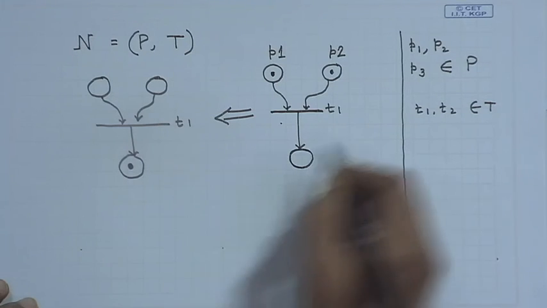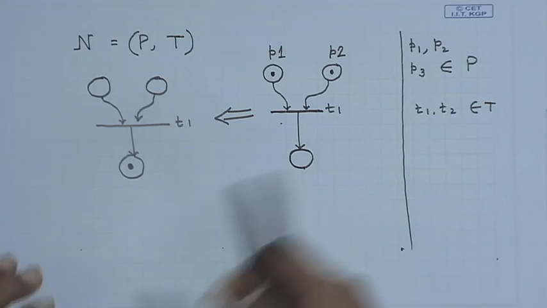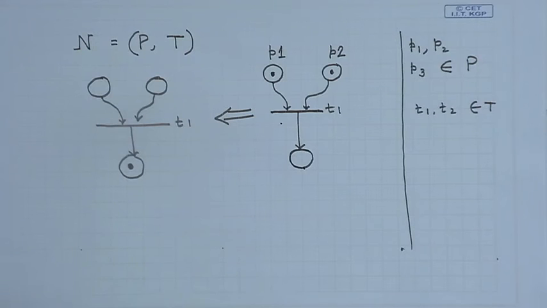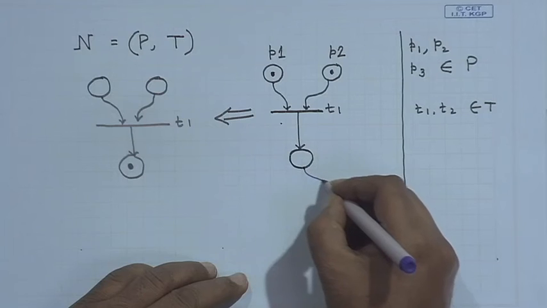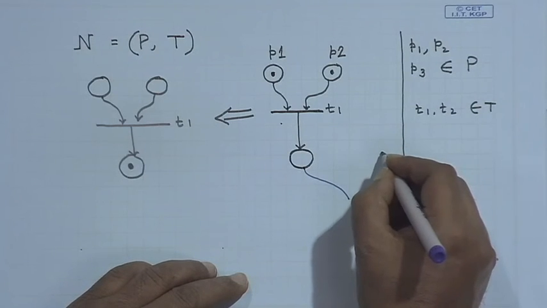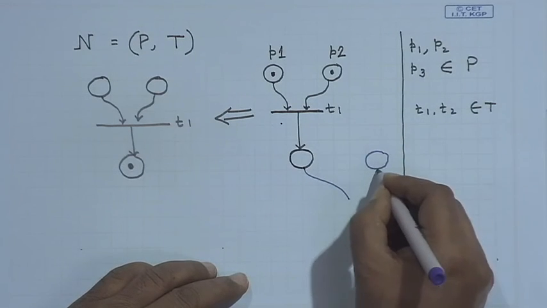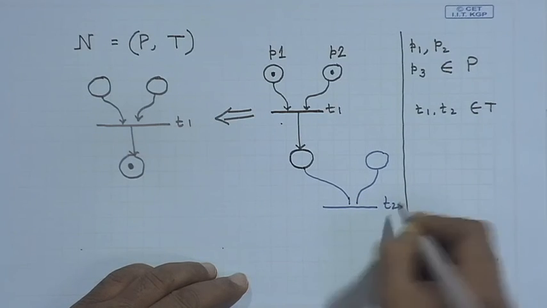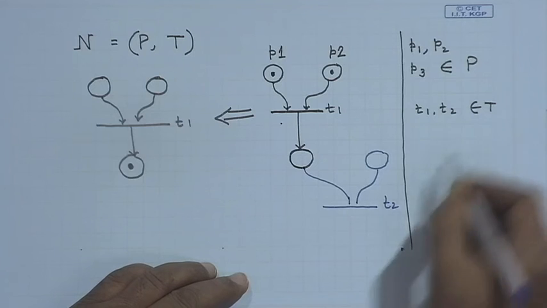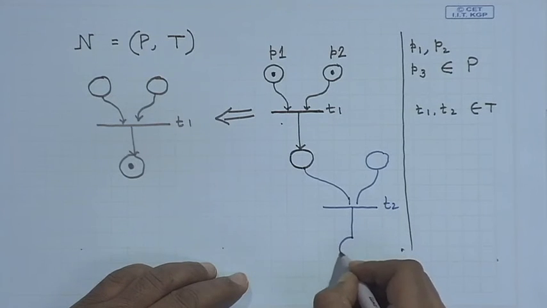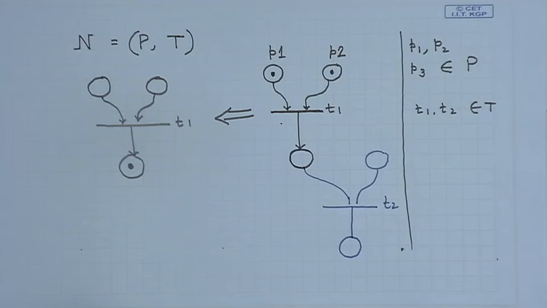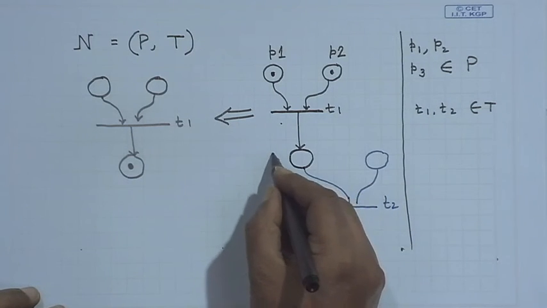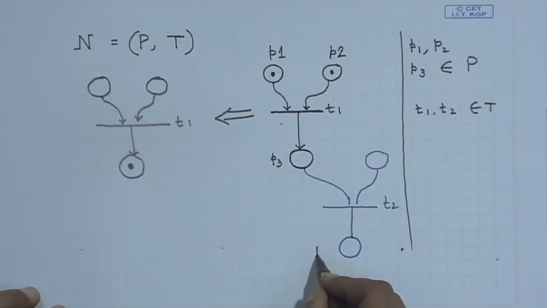And maybe we had another transition T2, which is also in T, and there is an output place here. So, P1, P2, P3, and this is P4.